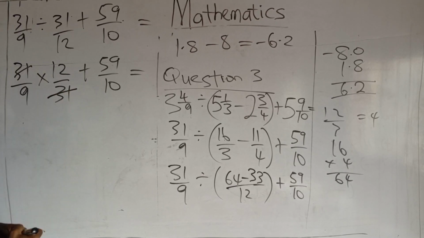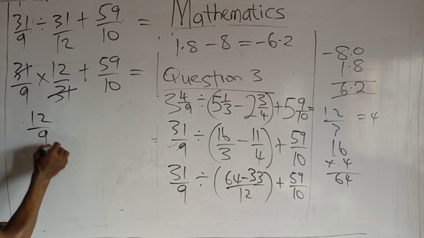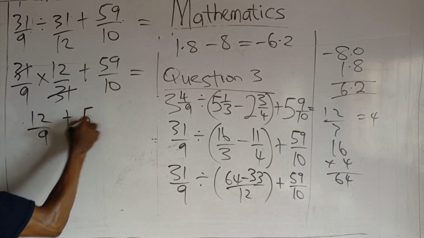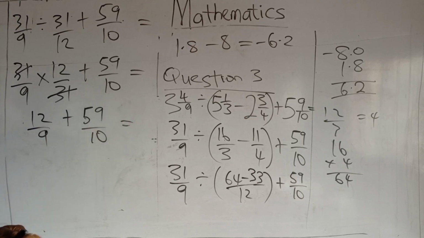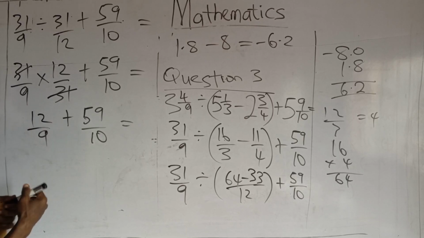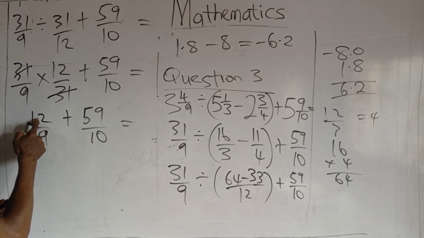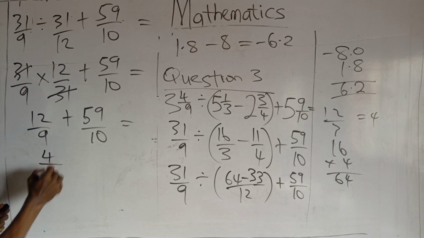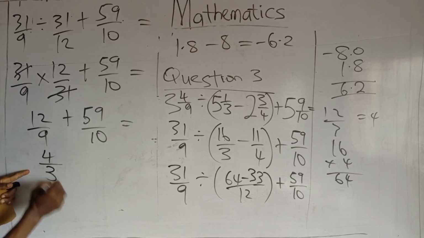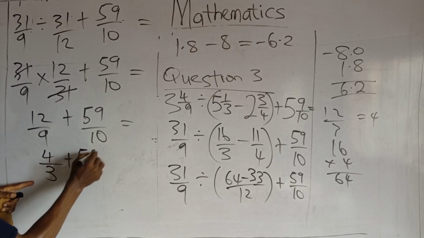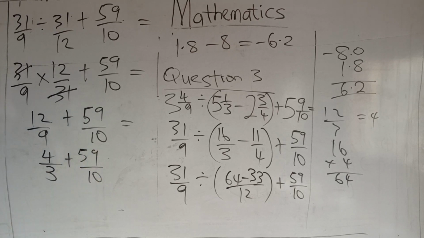This will cancel out. 31 cancels out. We now have 12 over 9 plus 59 over 10. We can also reduce 12 over 9. 3 can divide. When 3 divides 12, we have 4, and 3 divides 9, you have 3. So plus 59 over 10.